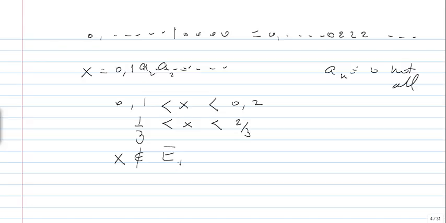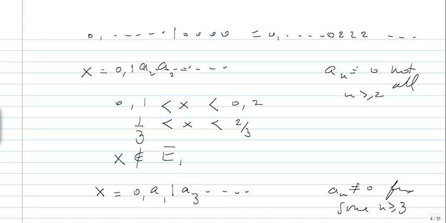Let us look now at the case where you don't have 1 in the first digit. So your x is equal to 0 comma a1, then you have 1 in a2, a3, etc., but I'm assuming that not all the an's are equal to 0, for some n greater than 2.